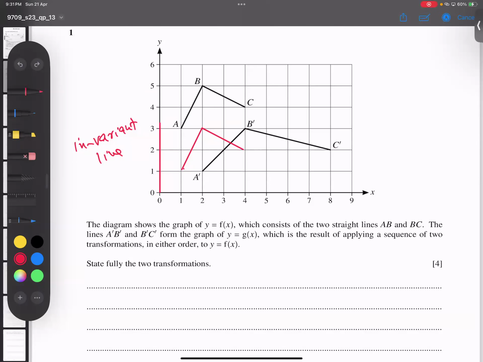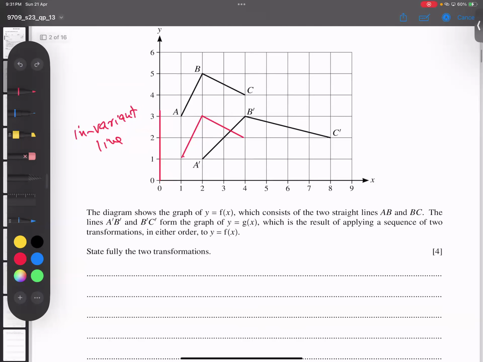So let's start with the first one. Job number 1: what is going on? From here, 1 unit, 2 units downwards. So I'm writing here, number 1, translation by the column vector, no x motion, 0, but 2 units downwards, so 0, minus 2.